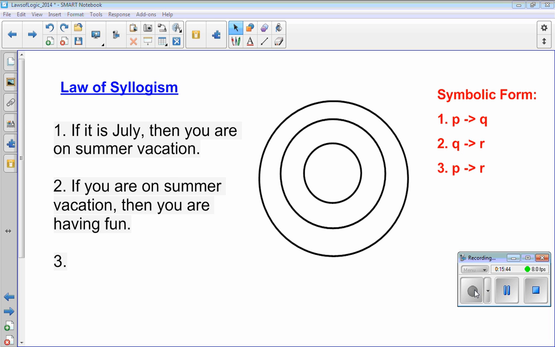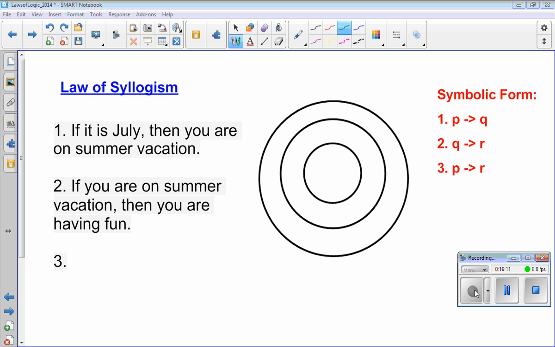Look at your symbolic form, okay? We have if P, then Q, then if Q, then R, and then our final statement is P, then R. It's kind of like the transitive property, if you remember that from when we did proofs, a little bit like that, okay? So let's fill in the Venn diagram, and again, I want you to leave the template on the front. You can fill it in on the back if you want.